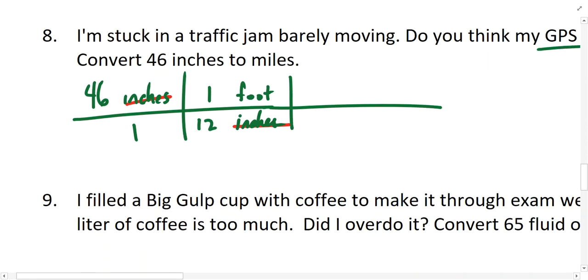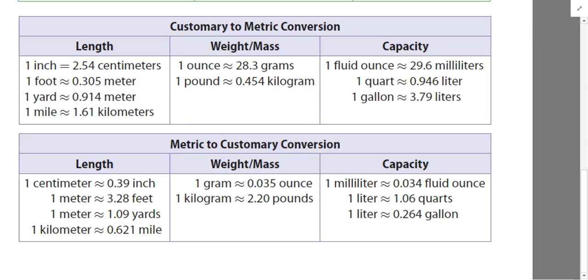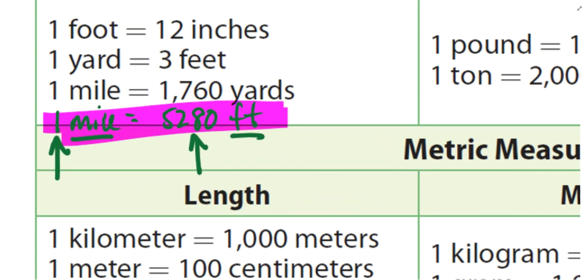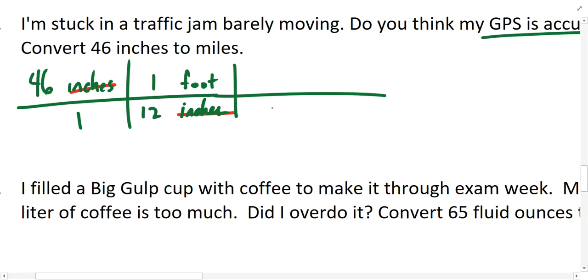But maybe you didn't add your notes from before into our unit conversions table here, and you notice that there are 3 feet in 1 yard and then 1,760 yards in 1 mile. Well, we can go that route too.